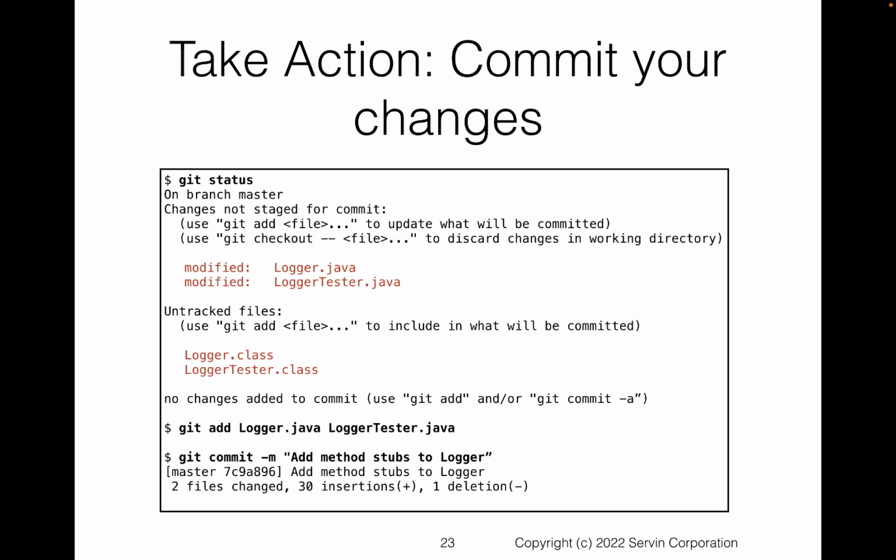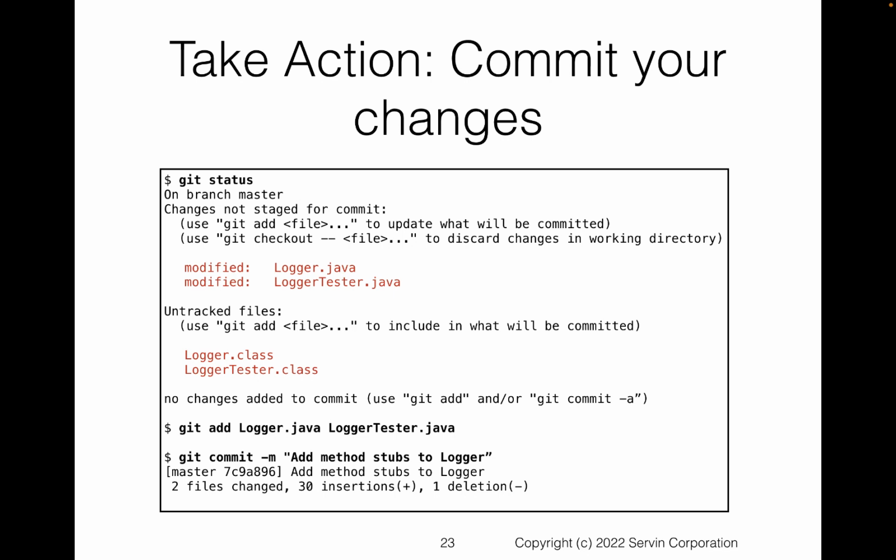At this point you've got a module of code you worked on, so it makes sense to commit those changes. You do the git status command. The git status command tells you what has changed since you've last edited the code. So in this case, we see we've modified Logger.java and LoggerTester.java. With that in mind, we do a git add, and we add the Logger.java and the LoggerTester.java.